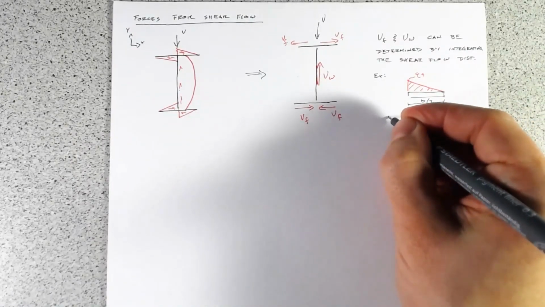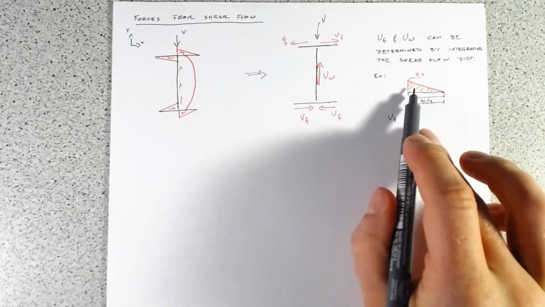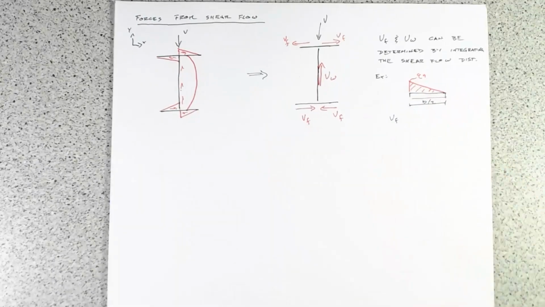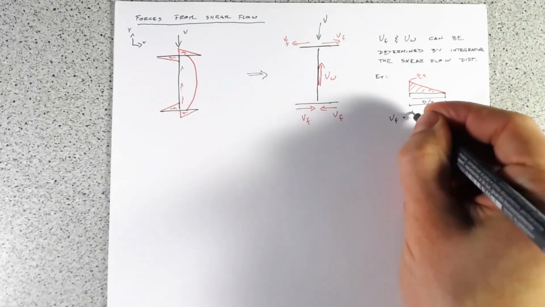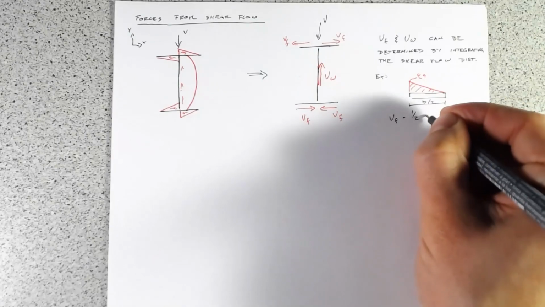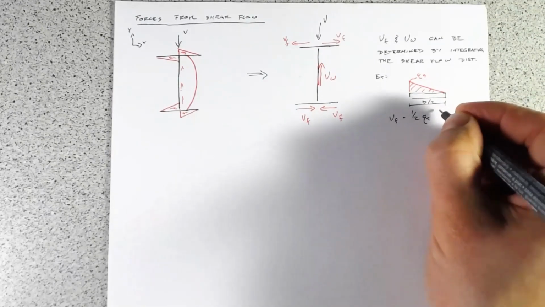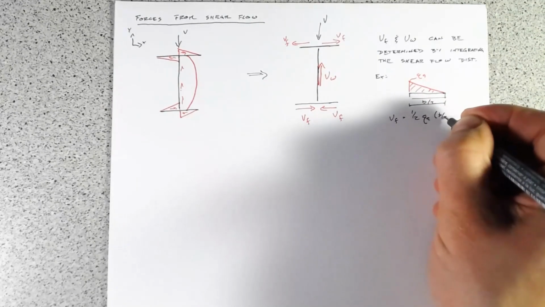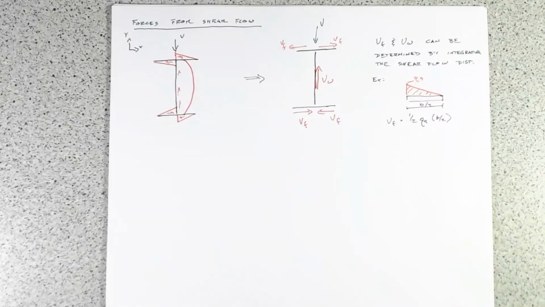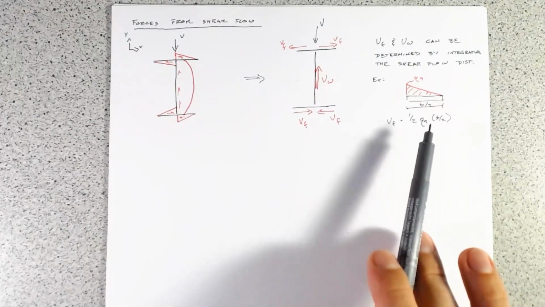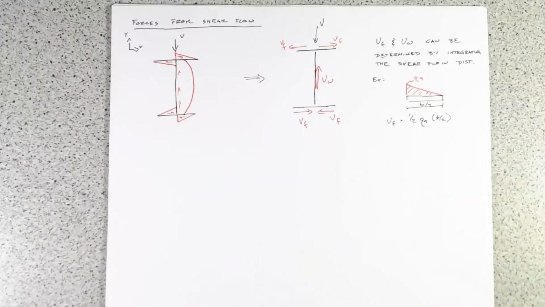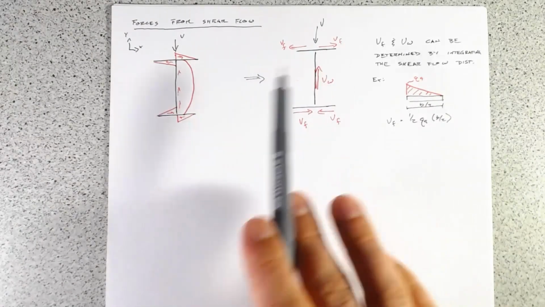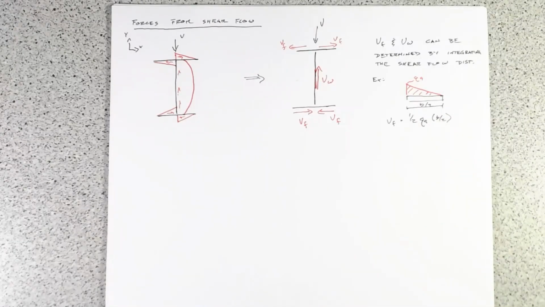So V of the flange, integrating, is really just taking the area under this curve. That's just going to equal 1/2 QA times b over 2. We won't work through that numerically. You can do that on your own, but I just want to show you how we get from here to here.